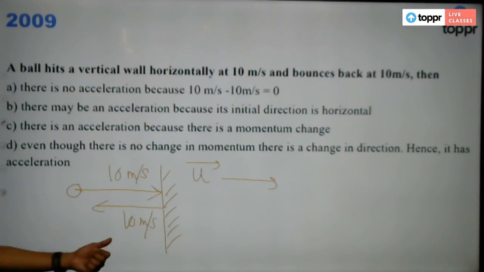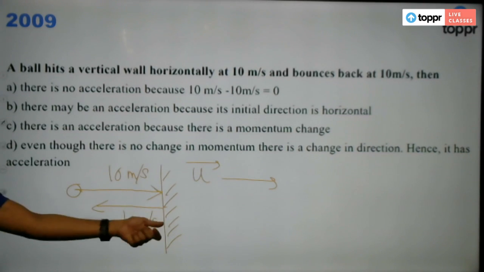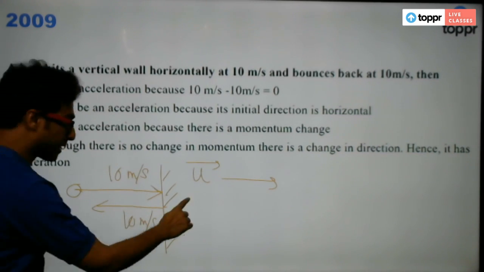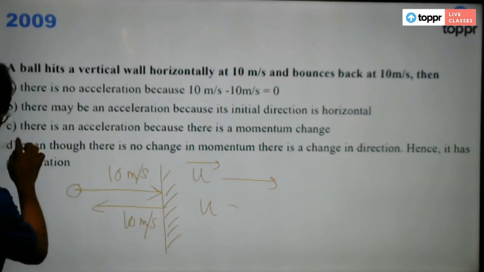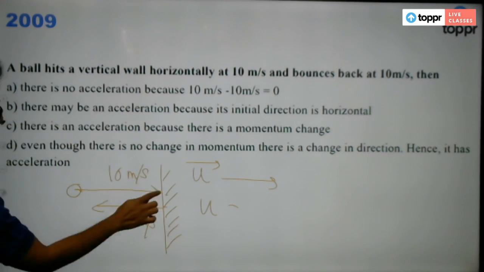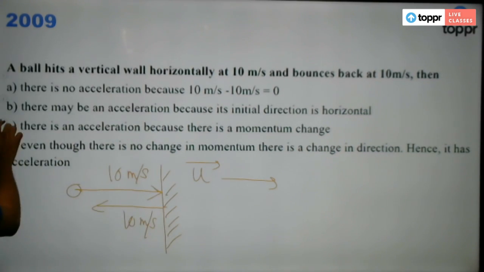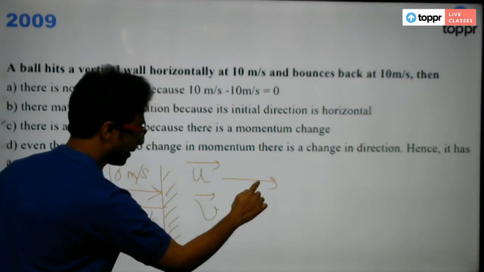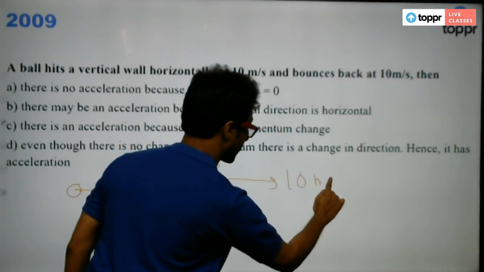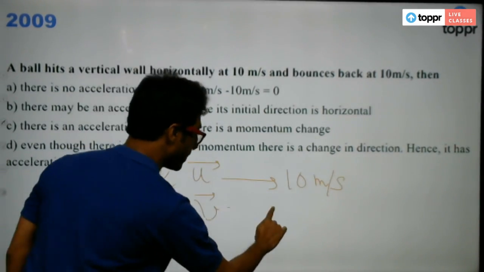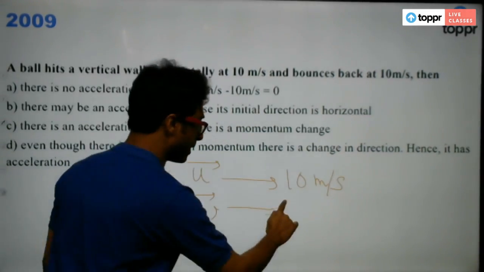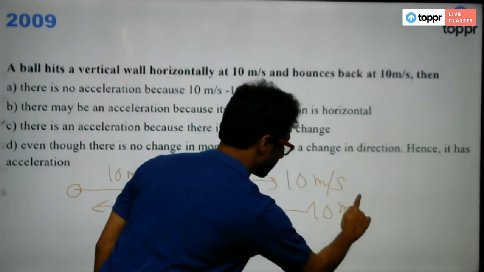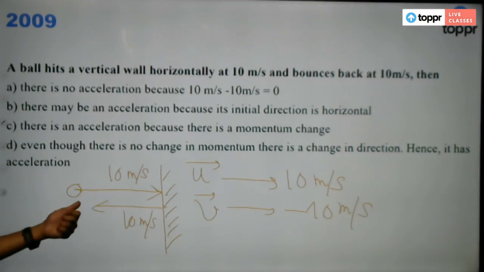It is bouncing back with the same velocity in the opposite direction. So if u equals 10 meter per second, v can't be 10, v will be minus 10 meter per second because it's in the opposite direction.